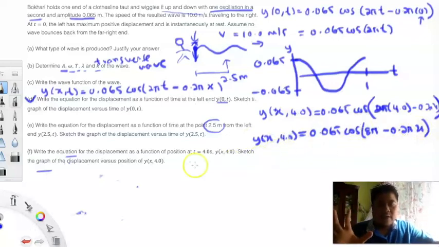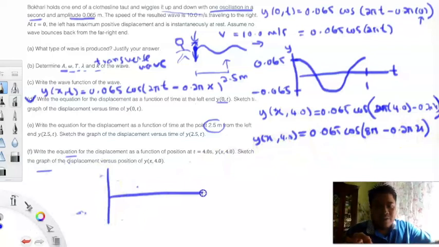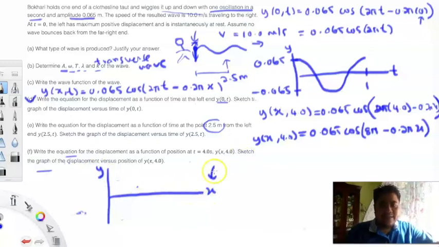It's like this. All right, so now you have two variables. Let's make a sketch of y versus x. Now you have x, not t. Because in the previous questions you had y as a function of time, now y as a function of the position.